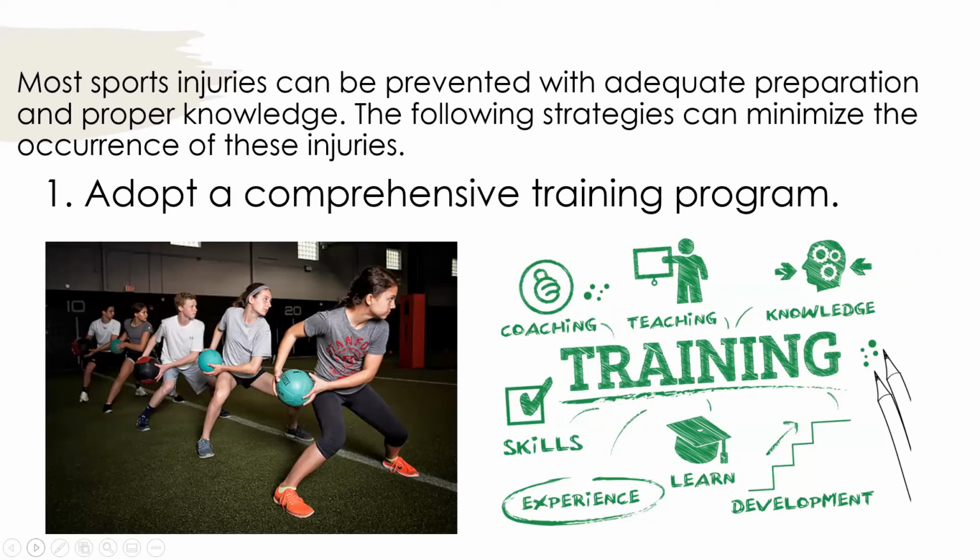A comprehensive training program goes beyond addressing the fitness parameters such as aerobic capacity and strength. It is a holistic program that suits an individual's needs and demands. The individual must first assess the weakness and abnormality of his or her movements and fitness to be able to customize his or her training program.